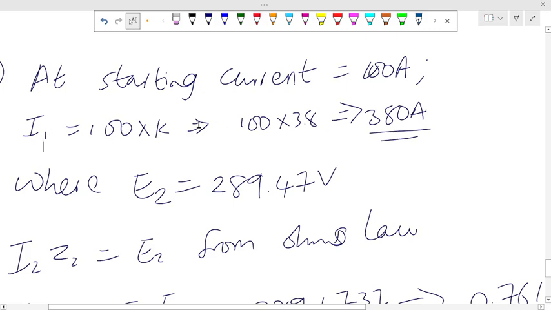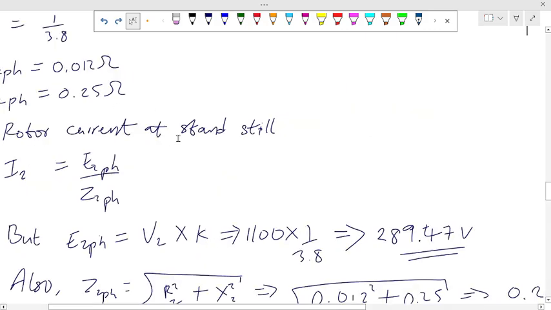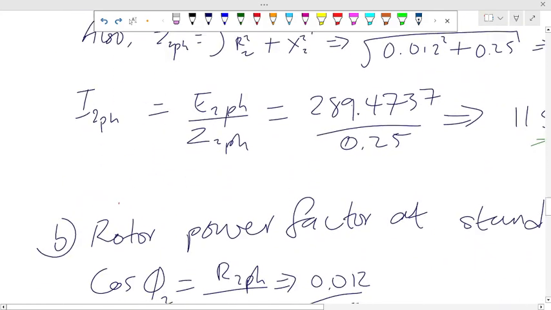Note, in order to make use of this stator current, from the stator to rotor turn, there is a ratio K. What happened just now?